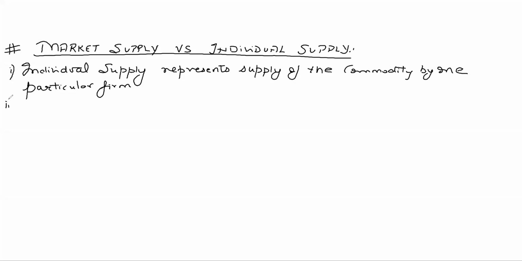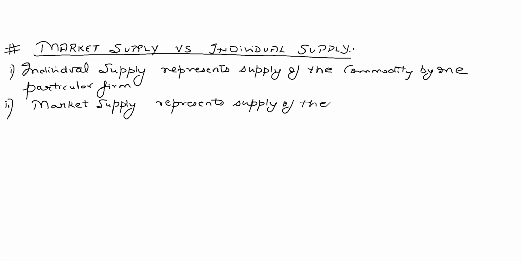And if I talk about market supply, you know the answer. Market supply represents the supply of the commodity by all the firms in the market.